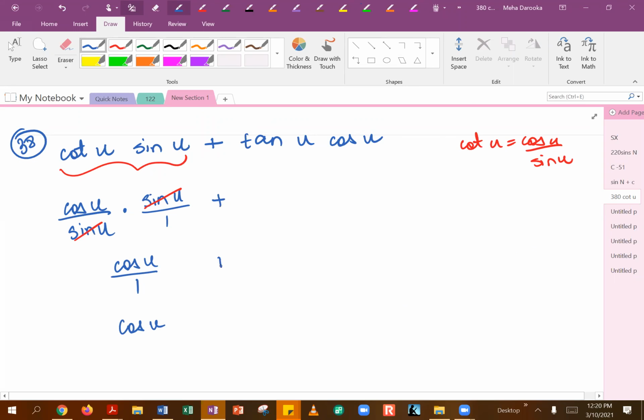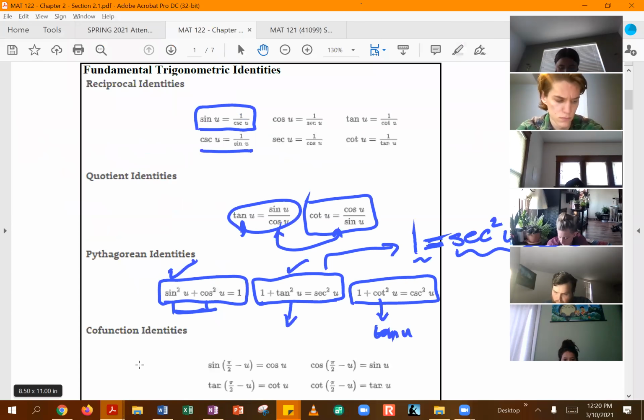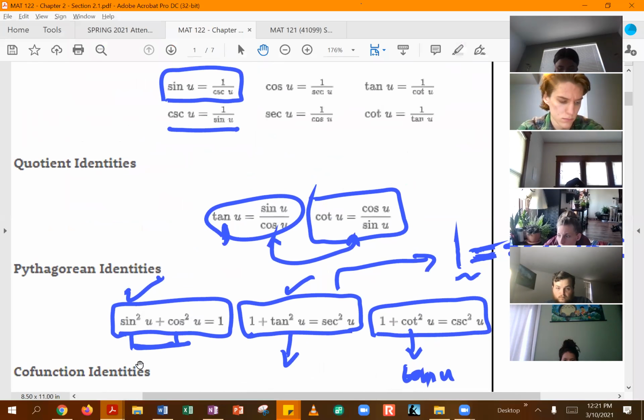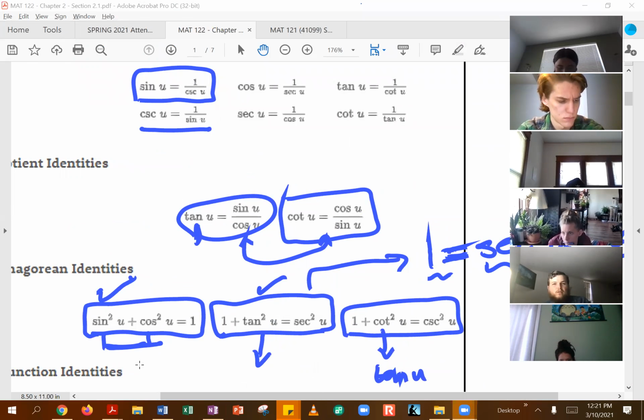So kind of using the same idea, what can you do on the right-hand side over here? Again, what identity can you use on the right-hand side to try and simplify it? Would you use tan u equals sine u over cosine u?